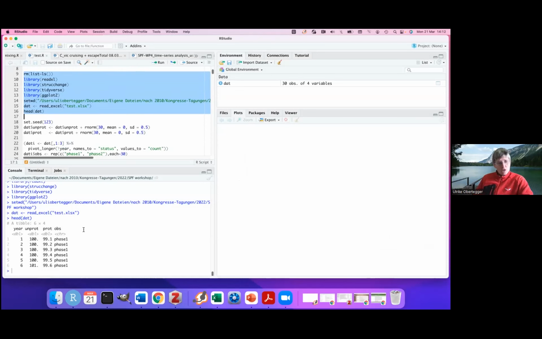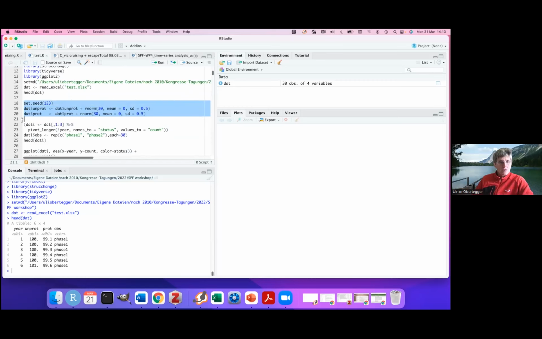These are the data, how they look like. It's just a year variable, the counts for the unprotected area, the counts for the protected area, and then a variable, actually a factor, that indicates the two phases. set.seed is important because in the next two lines, I add some random noise to my data. If you do not set the seed, in every run you will get different numbers, and this can make the whole analysis a little bit more complicated.